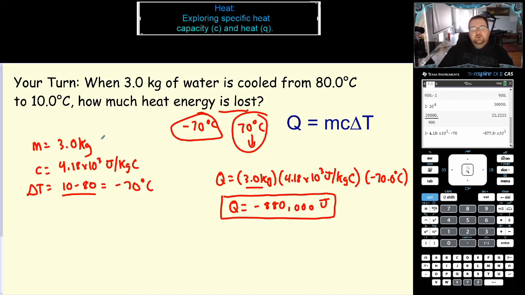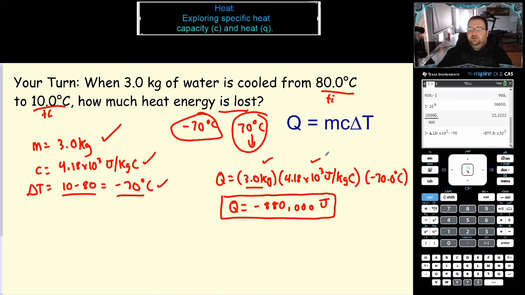So we knew that there was 3 kilograms of water, and its specific heat capacity is 4.18 times 10 to the 3 joules per kilogram Celsius. We know that it's going from 80 degrees Celsius to 10 degrees Celsius. So this is our initial temperature, and this is our final temperature. So when we do TF minus TI to find delta T, it's 10 minus 80, which is negative 70 degrees Celsius.